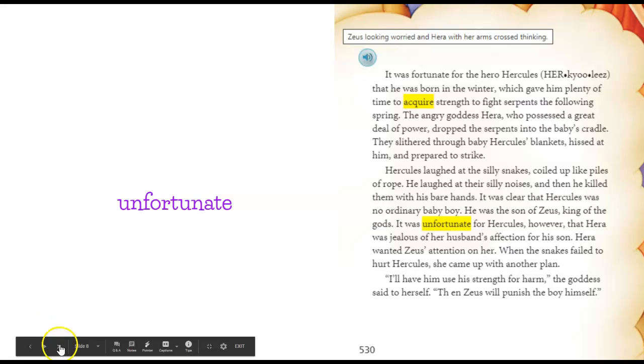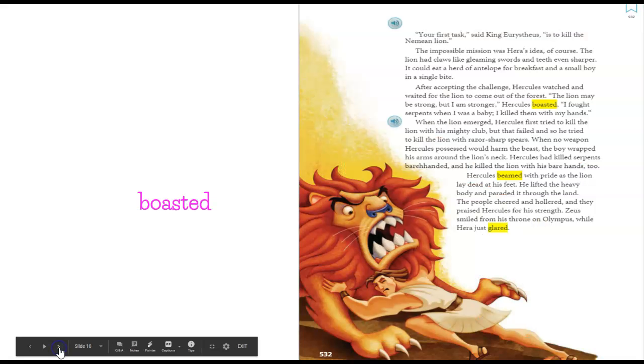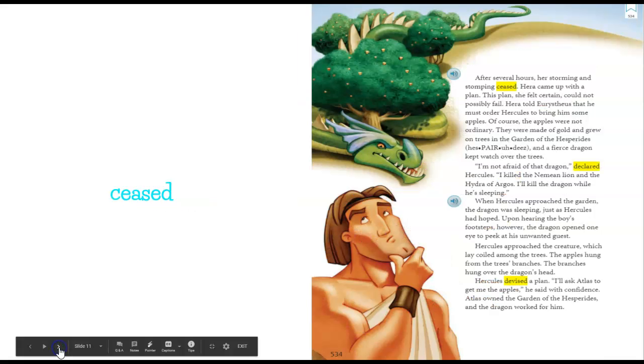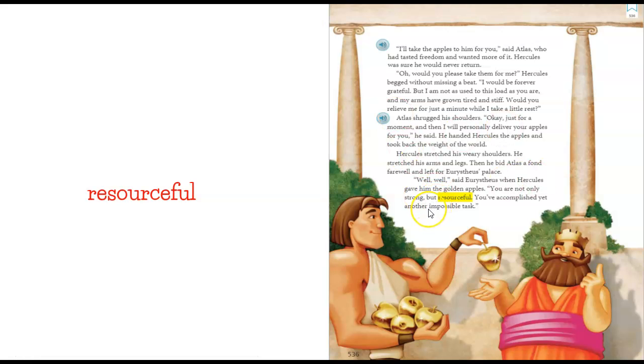So again, you're going to do those same words from yesterday: unfortunate, coerce, boasted, seized, resourceful. With those words, over here in the writing, you're going to underline or highlight other context clues that help you figure out this word resourceful or coerce.